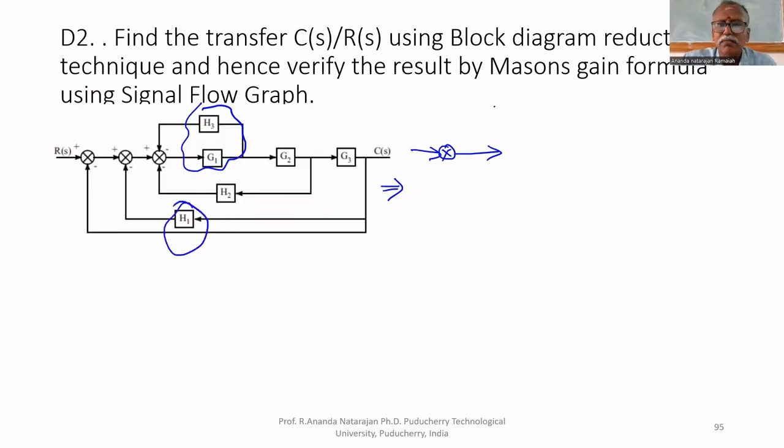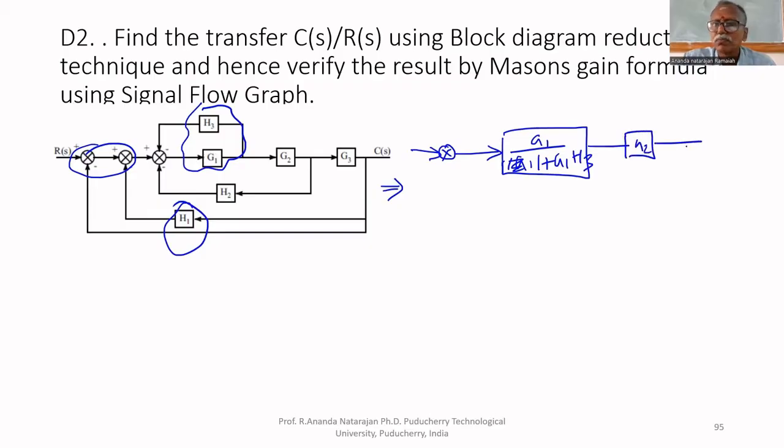These two are parallel. That's why these two can be combined. G1 upon G1 plus G1H3, G2, G3, H2, minus.